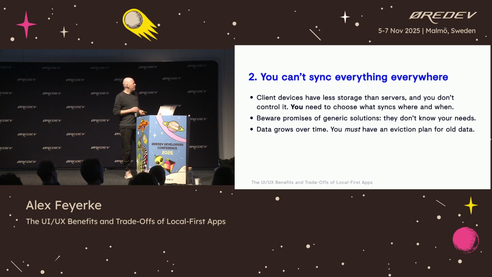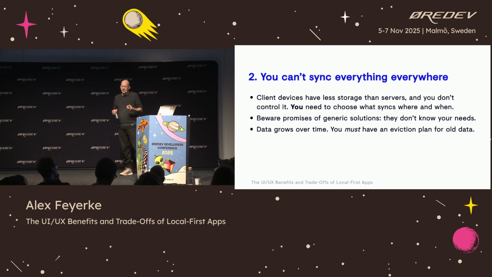And in this vein, data grows over time. Your snappy prototype can become completely unusable within just a few short weeks of real-world use because you didn't anticipate the various dimensions in which data can scale. And that's especially relevant if you can't reach that data because it's in someone's pocket, for example. And you must have an eviction plan for old data on client devices.